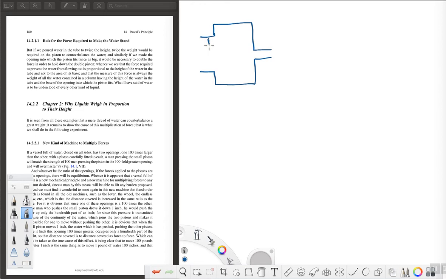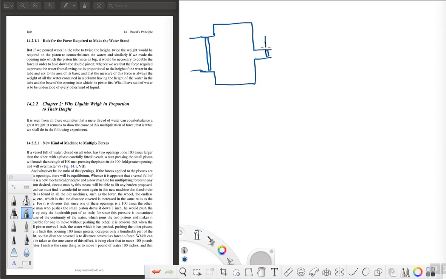So let's suppose this chamber has two openings, one on the left side. It has a very large cross-sectional area. This is kind of a tube coming out of this chamber on this side, and another tube coming out of this chamber on this side, and there's a piston on each side.